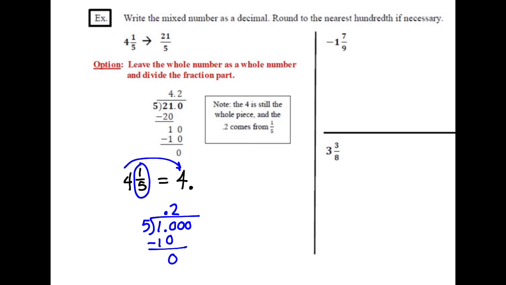I'm done. I have no remainder. I don't need to fill in with zeros because those are after the decimal. So it's just 0.2. This decimal is that decimal, so I'm going to put a 2 after it. That's it. 4.2, which is exactly what they got.